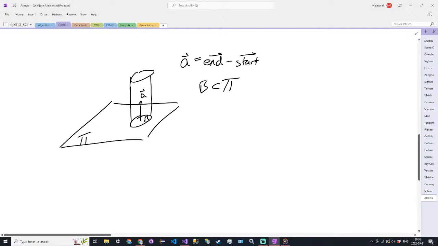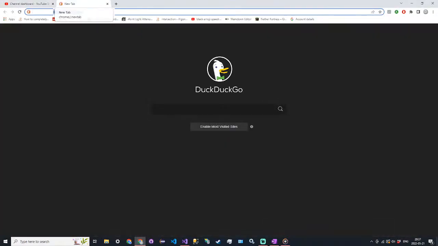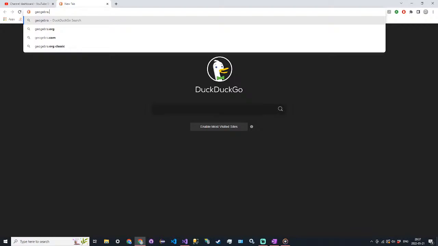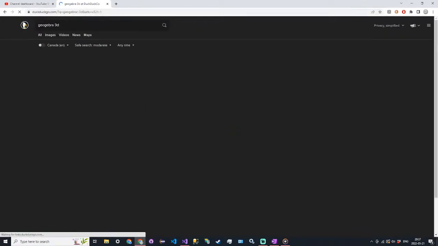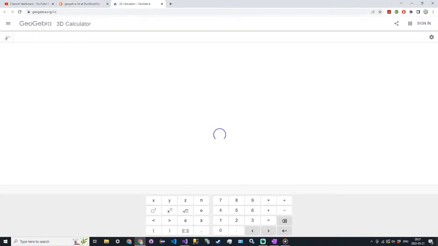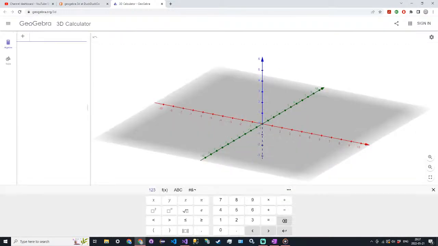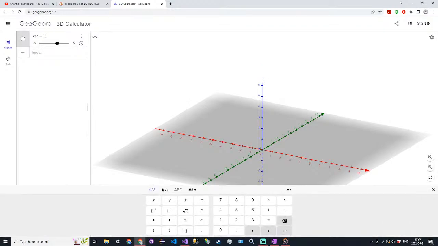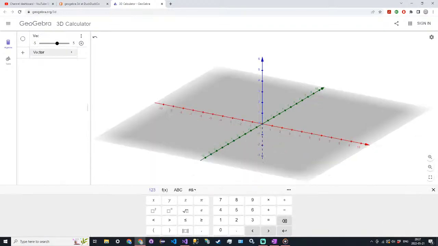So this is a bit more complicated stuff, but essentially if you have two vectors, let me actually get up GeoGebra. That might be a better example. So in 3D, we'll create a vector going from 0, 0, 0 to 1, 1, 1.